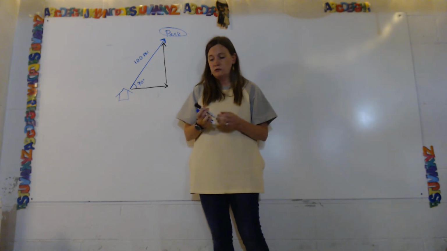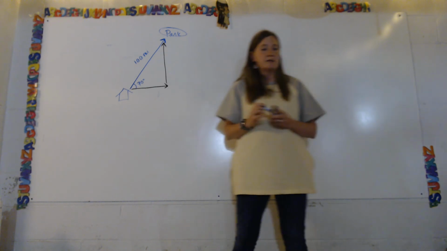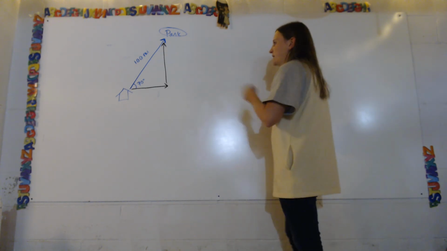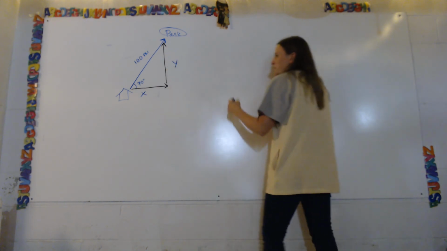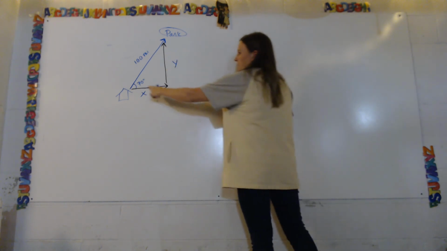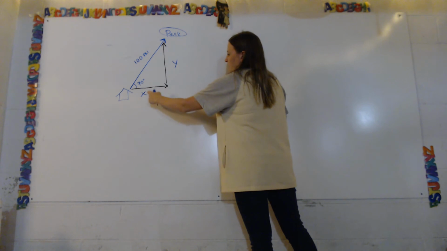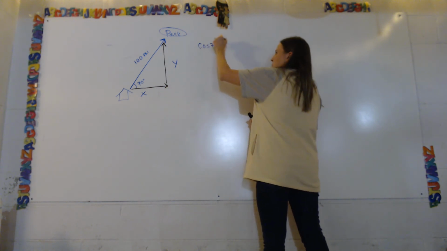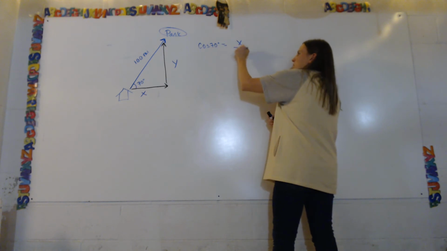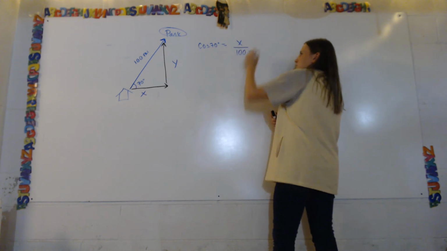And it's actually just what we just did. We're just going to use right triangle trig to do it. So I'm going to call this my x component and this my y component. If I want to find my x component, I have this 70 degrees, right? X is adjacent to that. So I'm going to say the cosine of 70 degrees is equal to x over 100 miles.